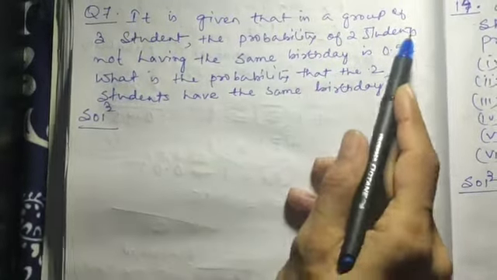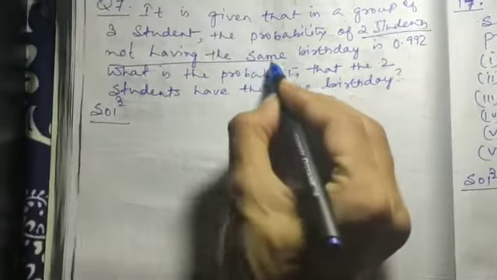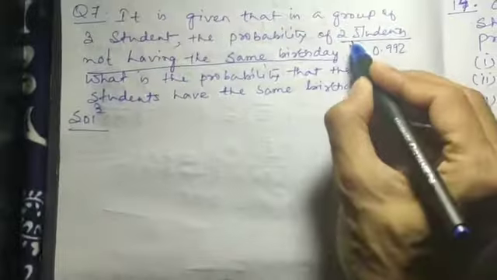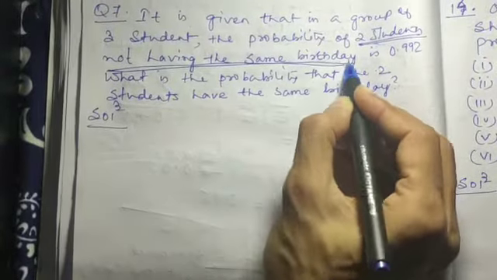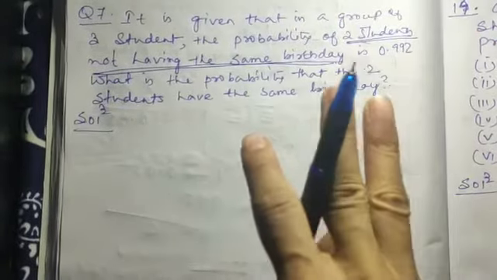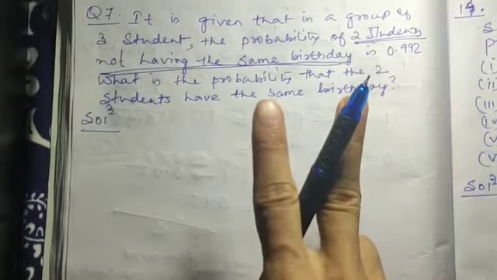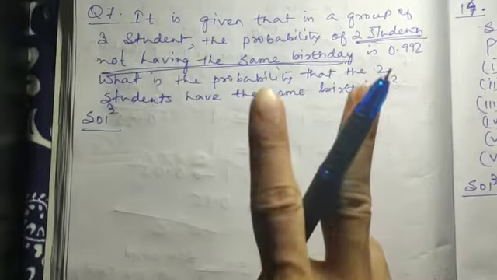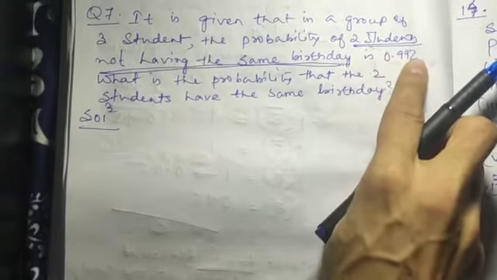Probability of 2 students not having the same birthday. These 2 students not having the same birthday is the event. This is the event. Are you getting me? This is the event. So 3 students keeping, and among the 3 students, 2 students not having the same birthday is the probability 0.992.